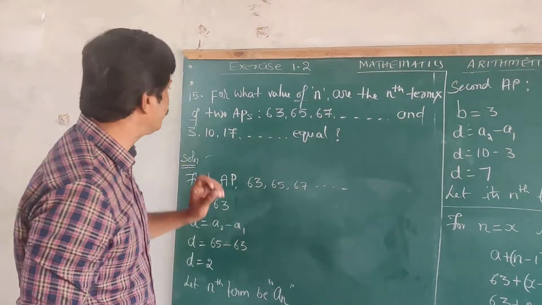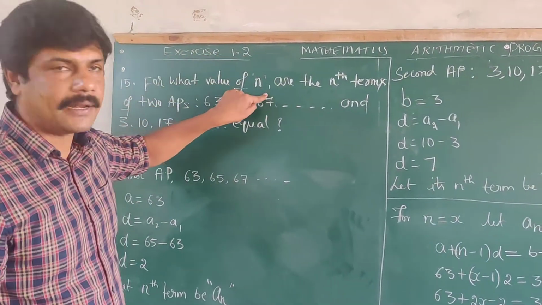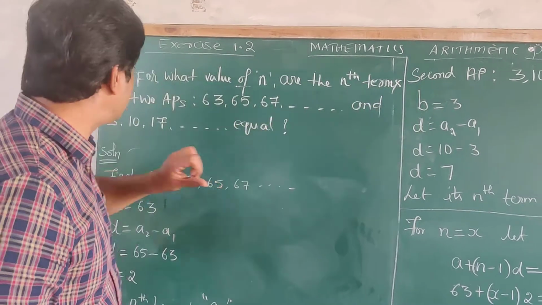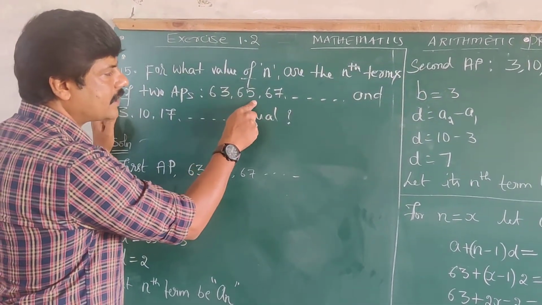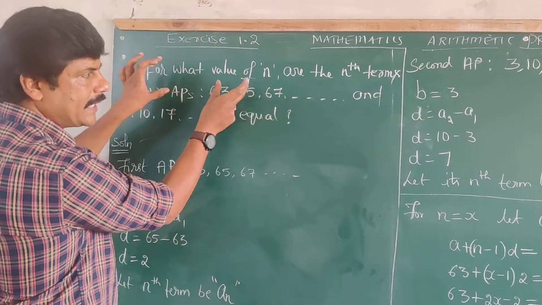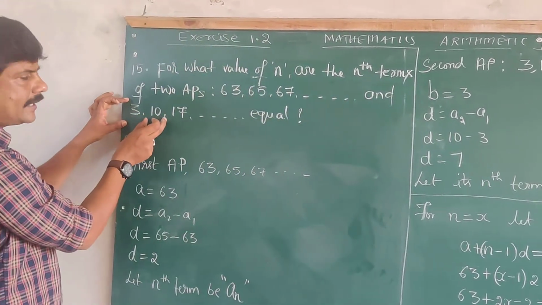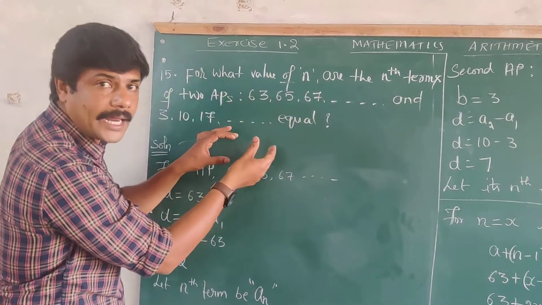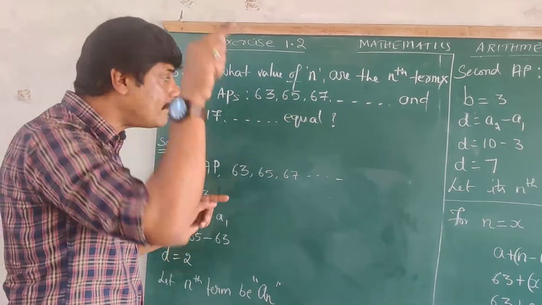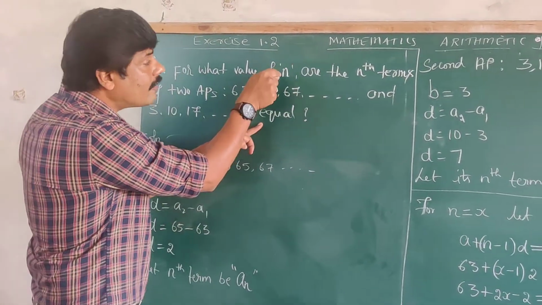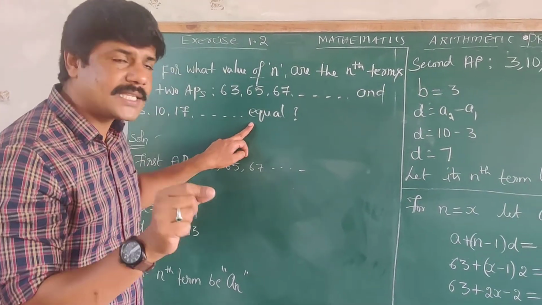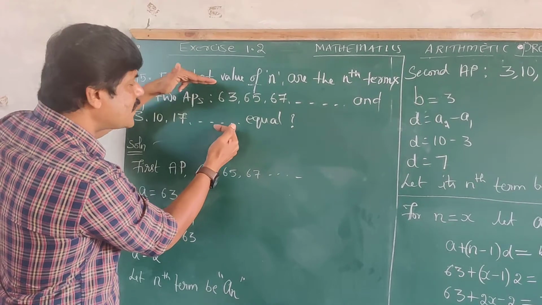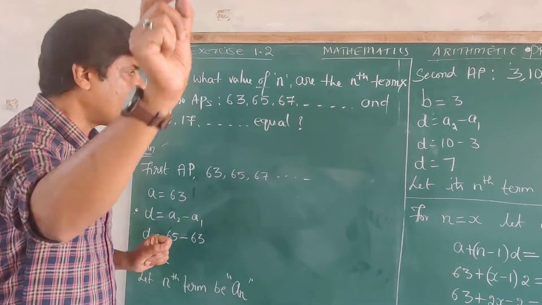Understand the question? 63, 65, 67 forms one AP and 3, 10, 17 forms another AP. For what value of n does the nth term of these two APs become equal?